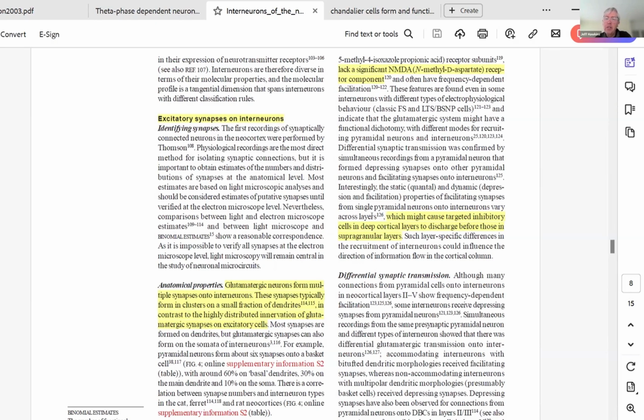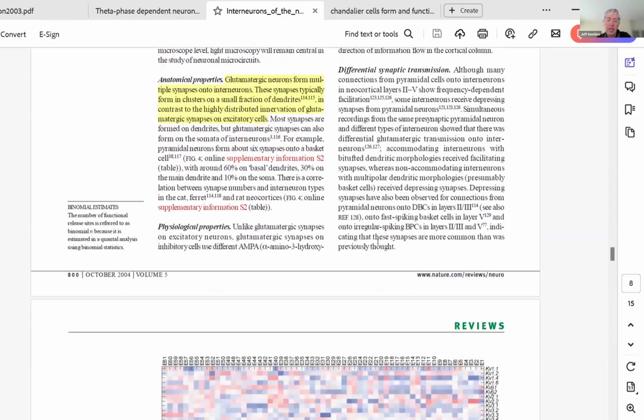They're talking about some sort of delays, and they say which might cause targeted inhibitory cells deep in cortical discharge before those in supragranular layers. This is the kind of thing I would pick up and say, oh, that's interesting. They're basically saying there are some properties here which might make the lower layers go first and the upper layers go second. So I just highlight things that catch my attention like that.